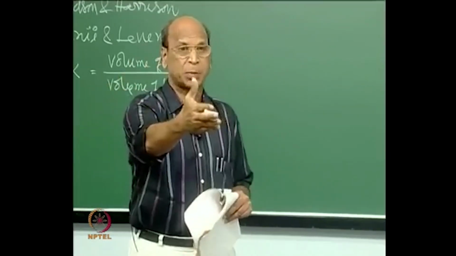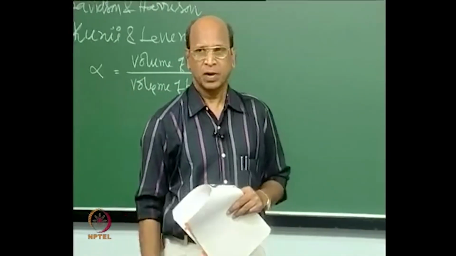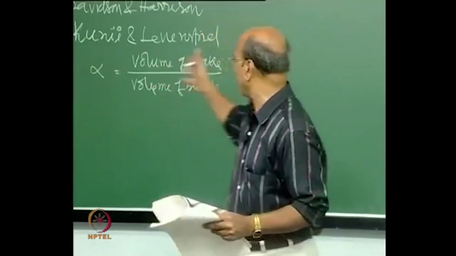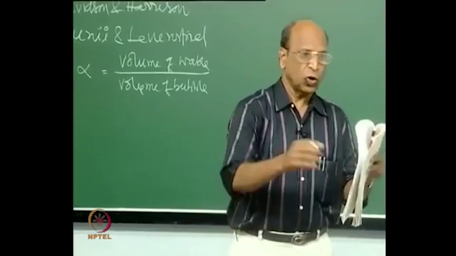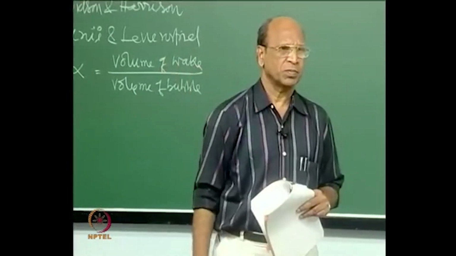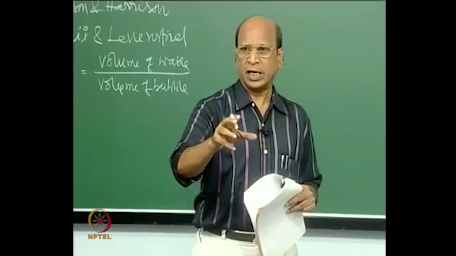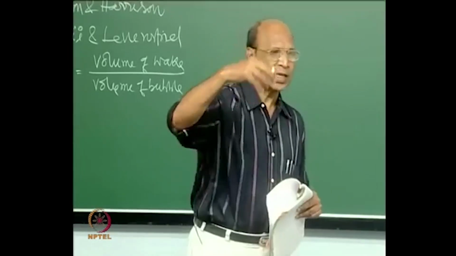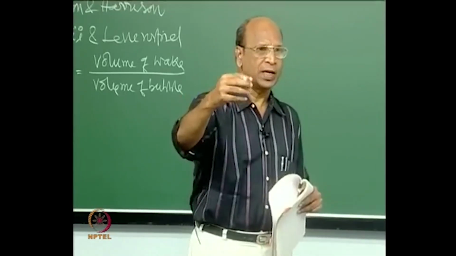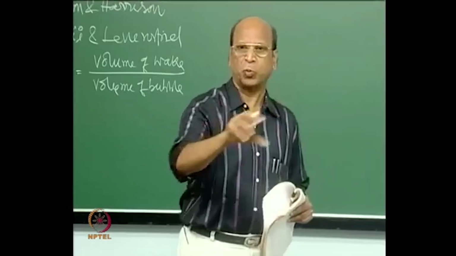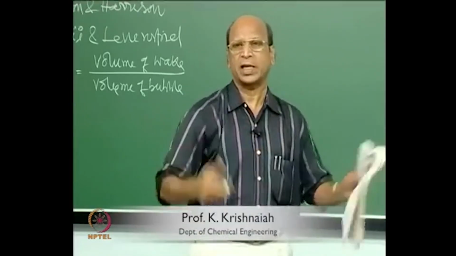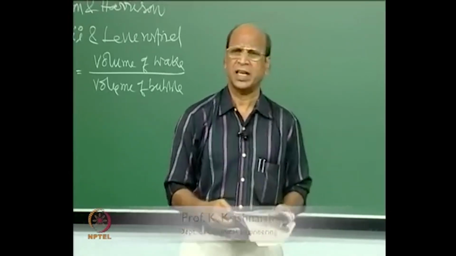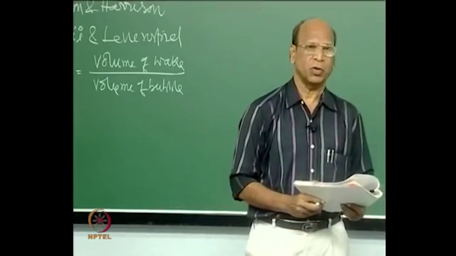Research papers normally do not give worked out examples. All the information we are going to discuss for the Kunii Levenspiel model also came in 6 to 7 papers, and in every paper there is at least one worked out example that gives you clarity. The moment you put numerical values, calculate, you automatically get the feeling. That is why I think Levenspiel is great, who made CRE very simple.